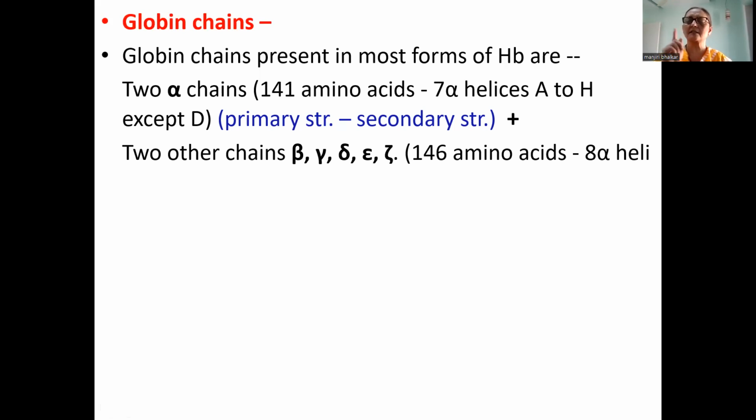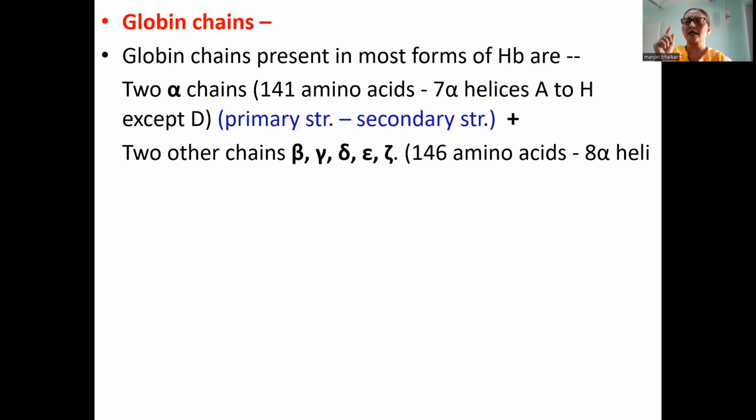The alpha helix structure is always stabilized with the help of hydrogen bonding between the first amino acid and the fourth amino acid. That is how it will form a spring-like or helix kind of structure. So in each of these alpha chains, you have 7 alpha helices.